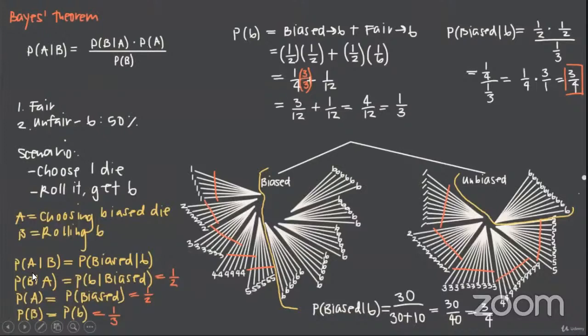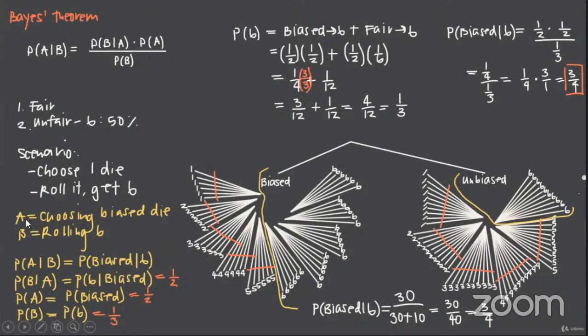Now, P of A given B becomes the probability of choosing a biased dice and getting 6. That's what we get here. Then P of B given A. What is P of B given A? Probability of B, which is 6, given biased.